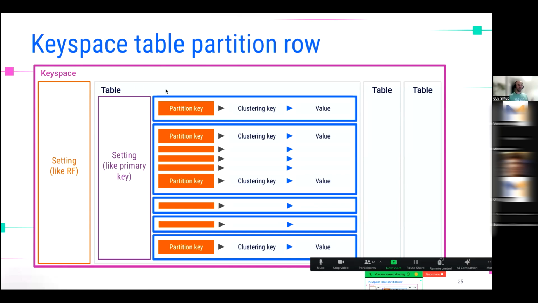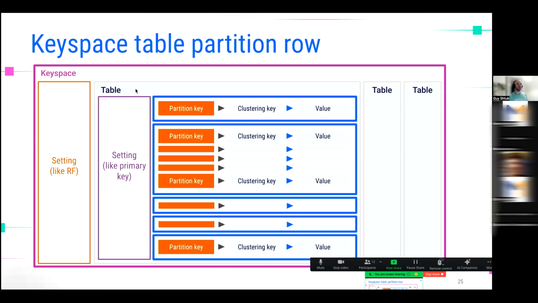Others, where it might make sense, might have more than one keyspace. And the keyspace determines different settings for all the tables that are within that keyspace. And one important example of such a setting is the replication factor, okay? Which I talked about before. If you remember, it's how many copies we keep of each piece of data.